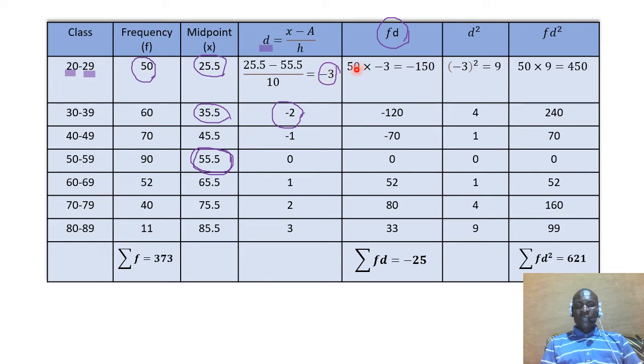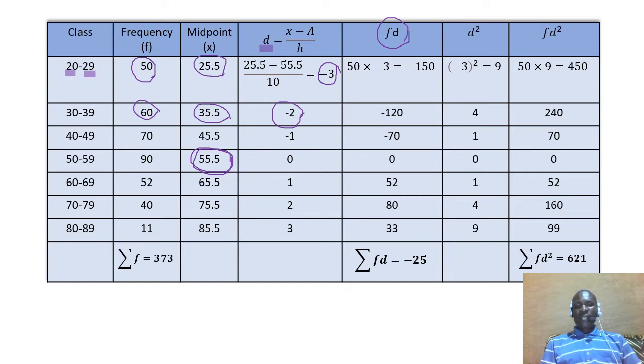That is why I've used 50 times -3. Our answer will be -150. We'll use the same procedure to get our value here. We have 60 times -2, which gives us -120. We fill that all the way up to the end.